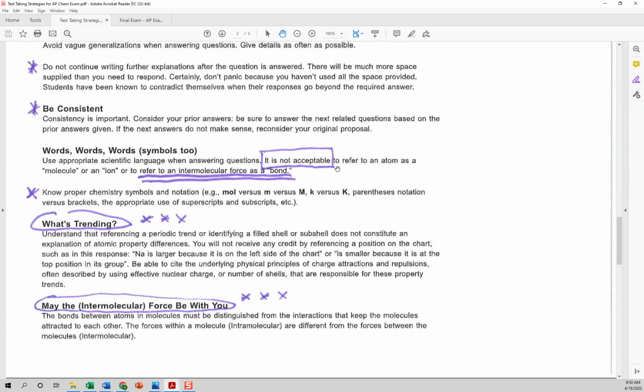It's not acceptable to refer to an atom as a molecule or an ion, right? An atom is neutral, an ion is not. A molecule is a few atoms bonded together, not just a single atom, all right? And then you cannot refer to an intermolecular force as a bond. You can use the word bond in describing an IMF, but the word hydrogen better be in front of it or it's not going to work, okay?